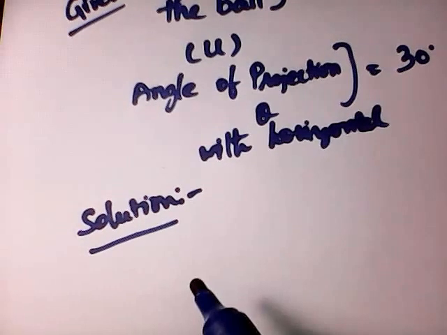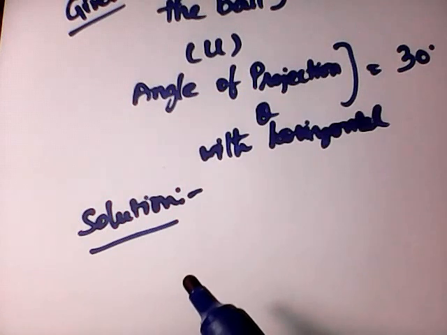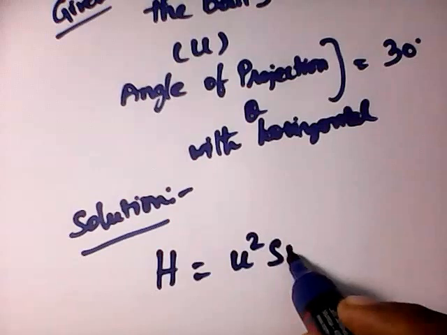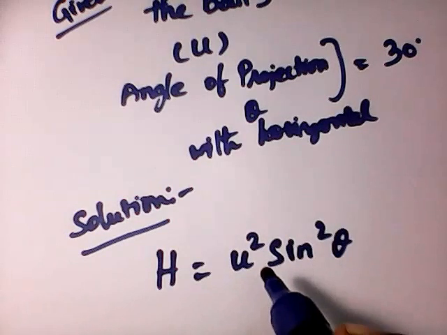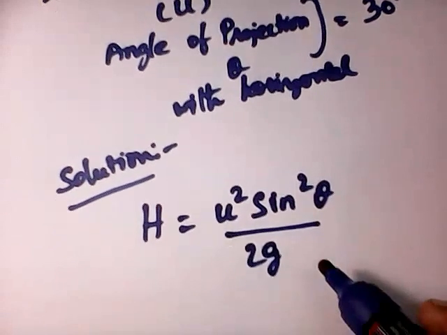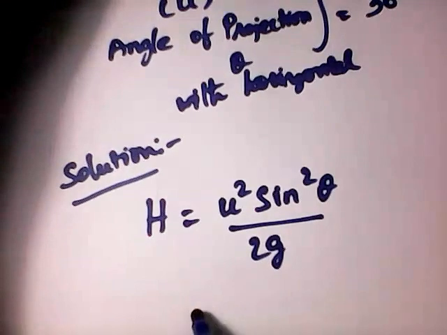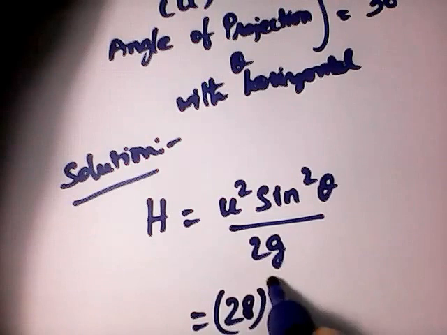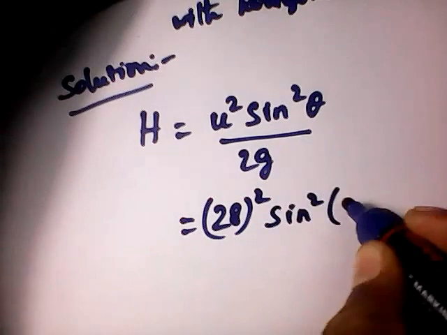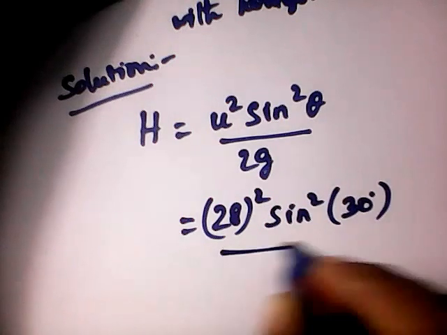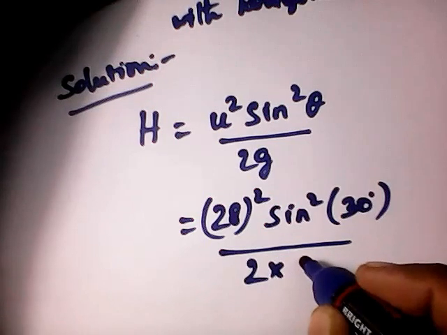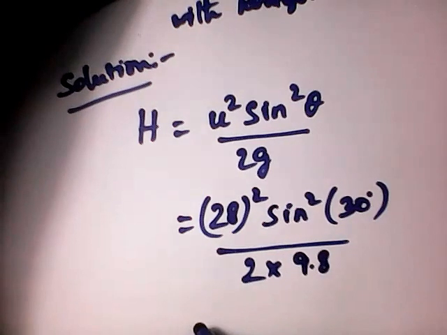the maximum height. What's the formula for height? H is equal to u square sine square theta by 2g, right? So we know that the u value is 28 square and sine square theta is 30 degree, and 2 into, we'll take g as 9.8.